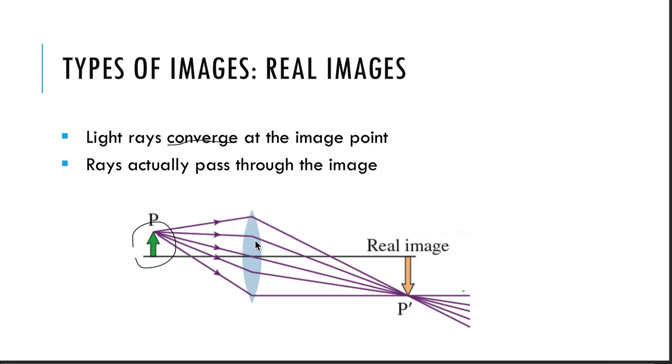Then they're refracting, bending through this lens, and they're all intersecting at this point, so that's where your image is going to be formed. We say that the rays actually pass through this image because they're actually intersecting at that point. That's how you know that a real image has been formed.